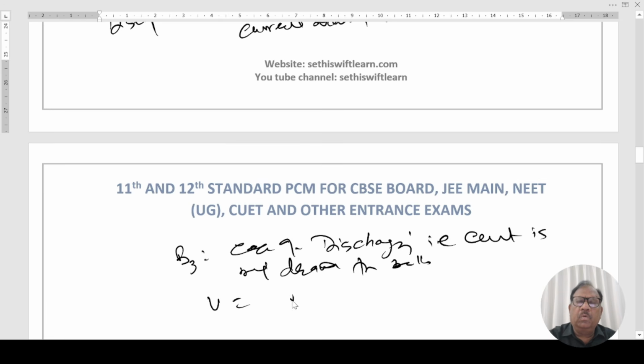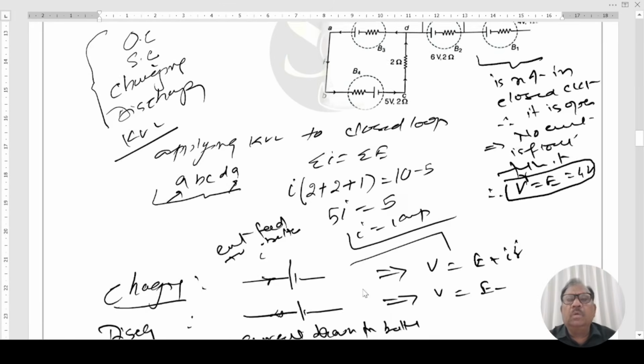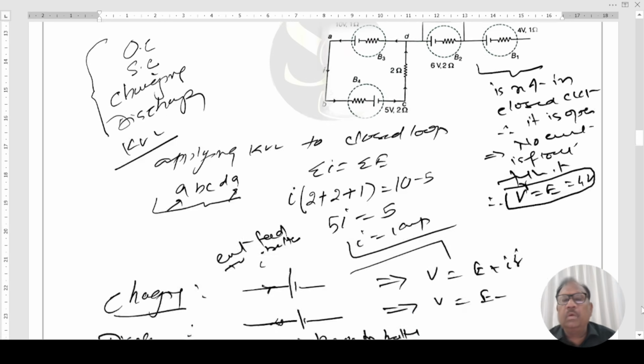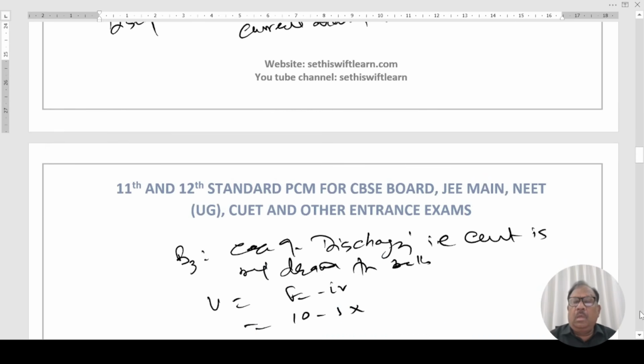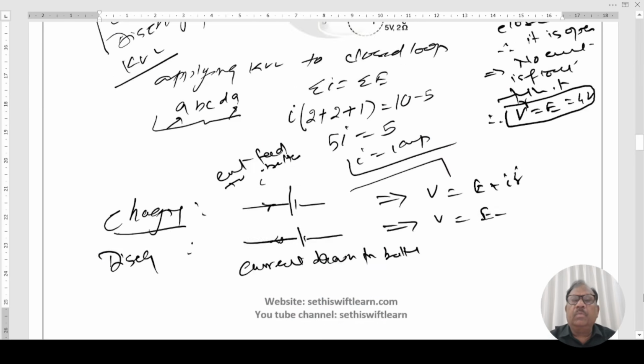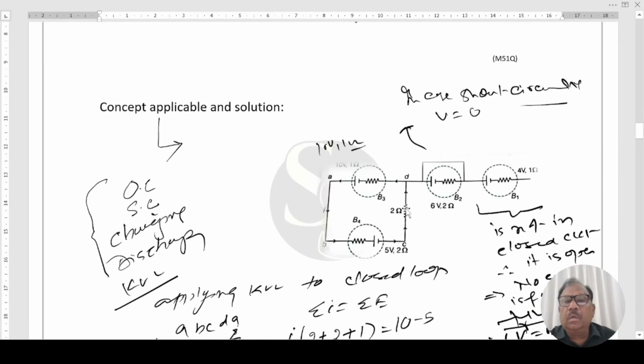So V will be equal to E minus IR. 10 volt minus 1 into 1. This comes out to be 9 volt. Right? Current is 1 amp.